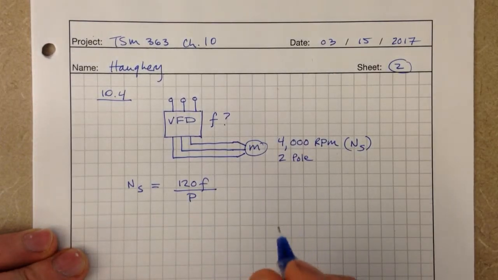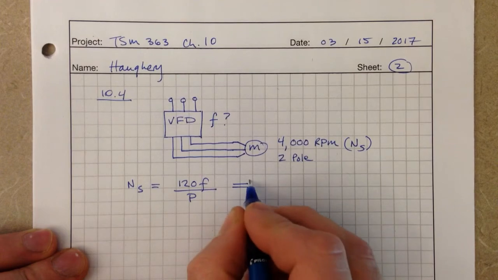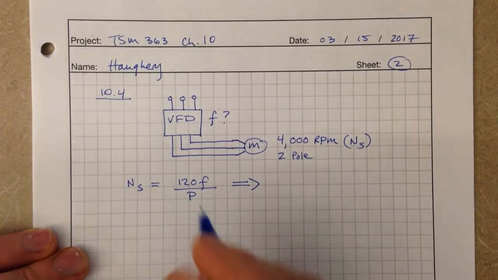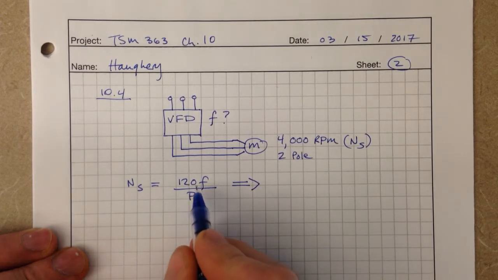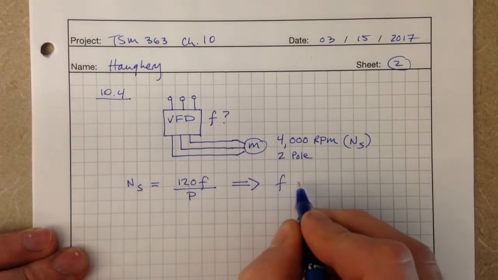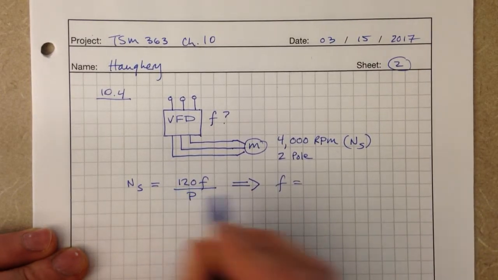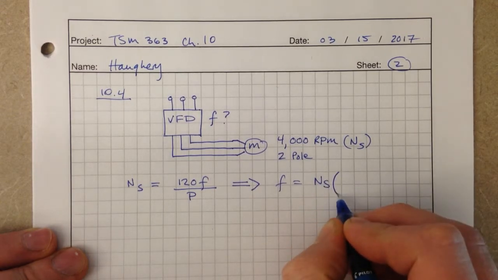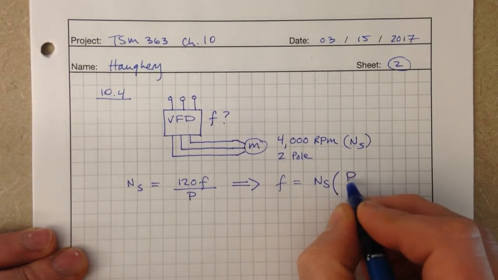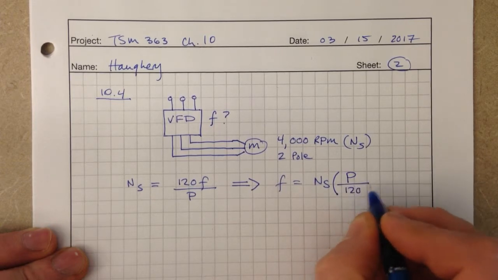Okay, we can rearrange this equation. We can move things around algebraically to solve for frequency. If we move everything on the other side except frequency, we will have frequency equals synchronous speed times P poles over 120.